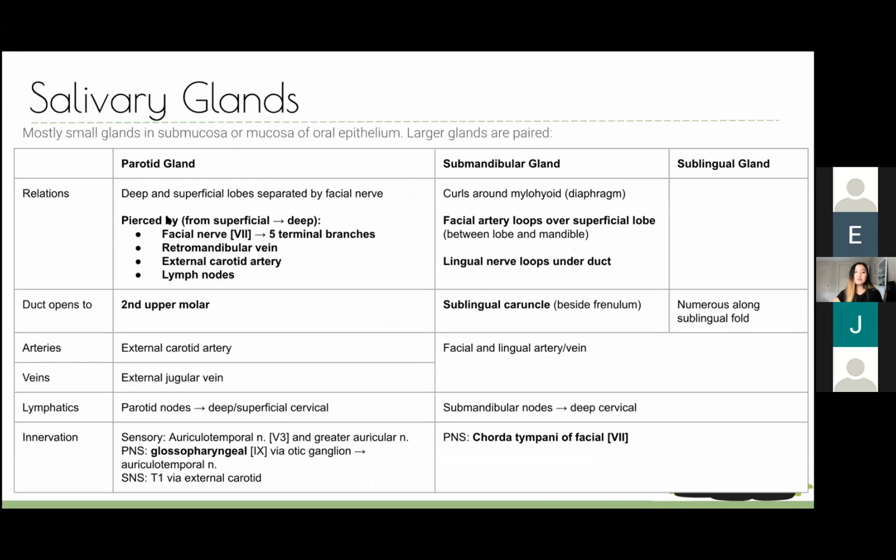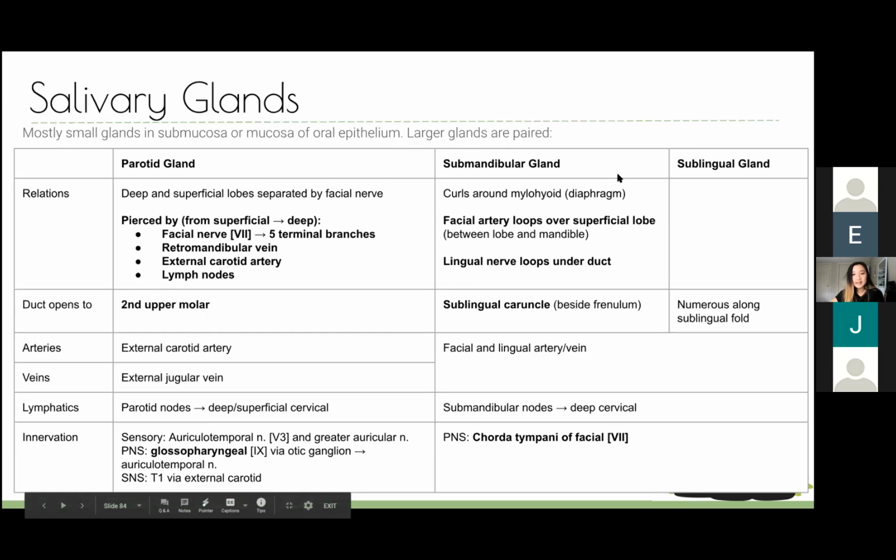So if you really hit your parotid gland badly, maybe they'll become paralyzed on that side of the face. And then that opens to your second upper molar, and it's supplied by the glossopharyngeal nerve.